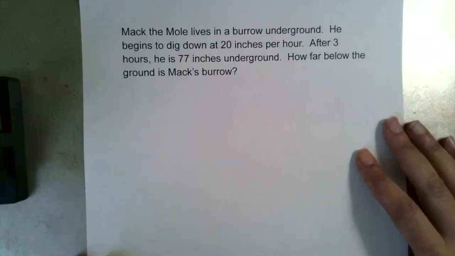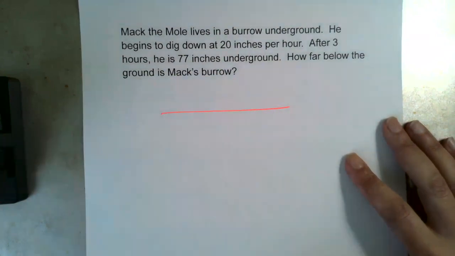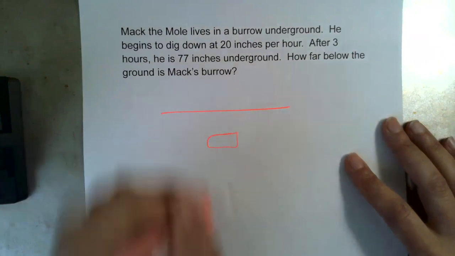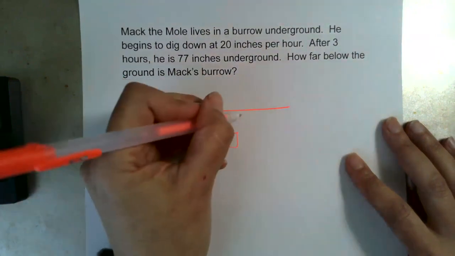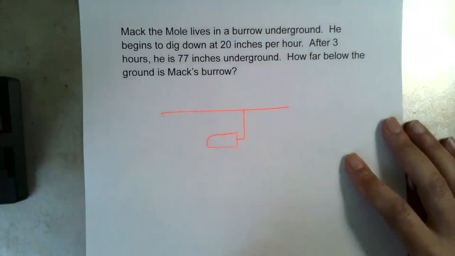So let's give ourselves a picture here. I think that pictures can be really helpful. So there's the ground, and there's Mac's little burrow. And we want to know how far underground his burrow is.